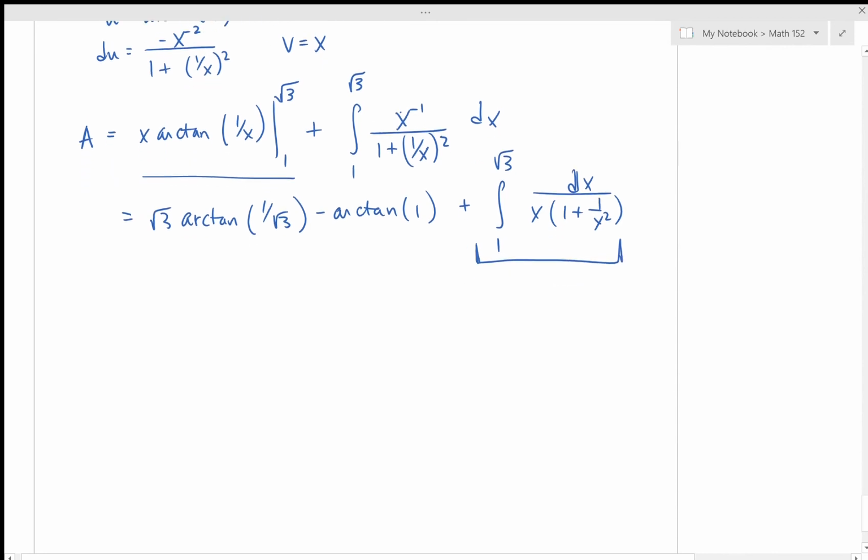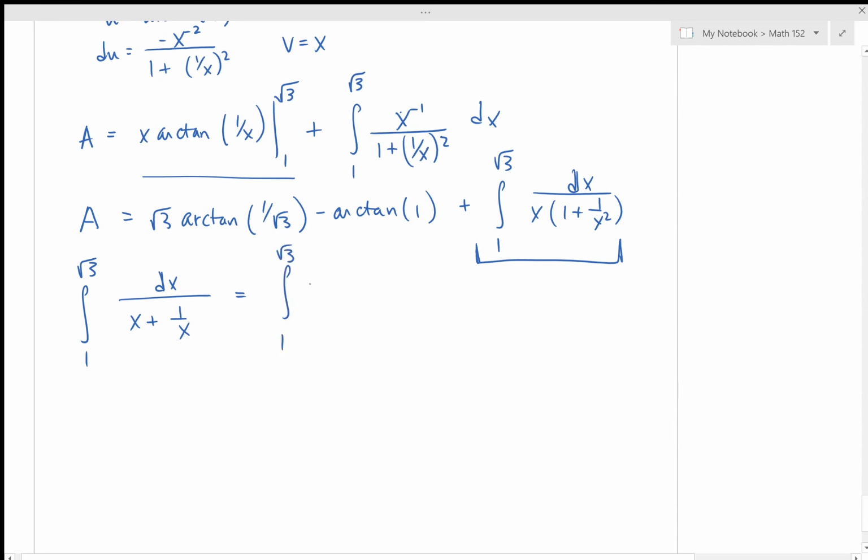Let's do that separately. So A is equal to this, and now I'm going to take a look at that integral. Now the arctangent is gone, so I feel a little bit of hope based on that. I'm going to multiply that x in. I'm going to get x plus 1 over x, dx. What am I going to do then? I'm going to make a common denominator. I'm basically playing around with fractions here.